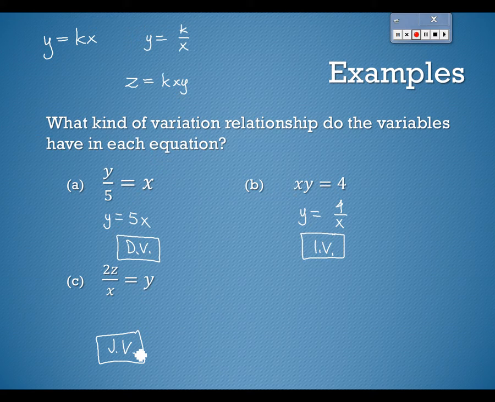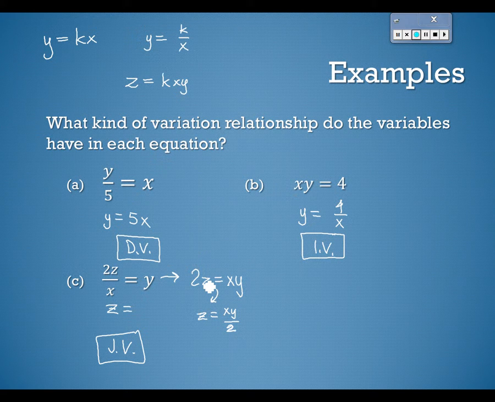Z equals something times xy. How would you do it? I want this to be z equals, multiply both sides by x so that you get x y. That doesn't look right though, huh? Sorry, my 2's and my z's are going to be easily confused here.